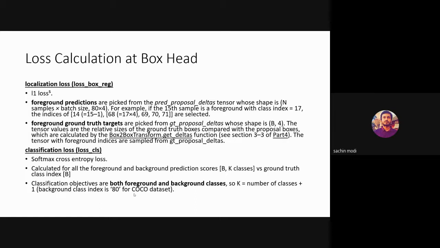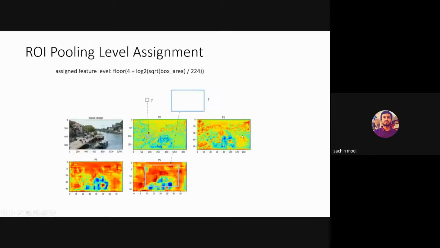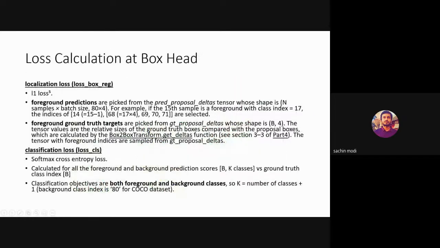We had so many background boxes, right? So all these go to the background class. In total, there are 81 classes. And then there's a regression loss for the bounding box itself.